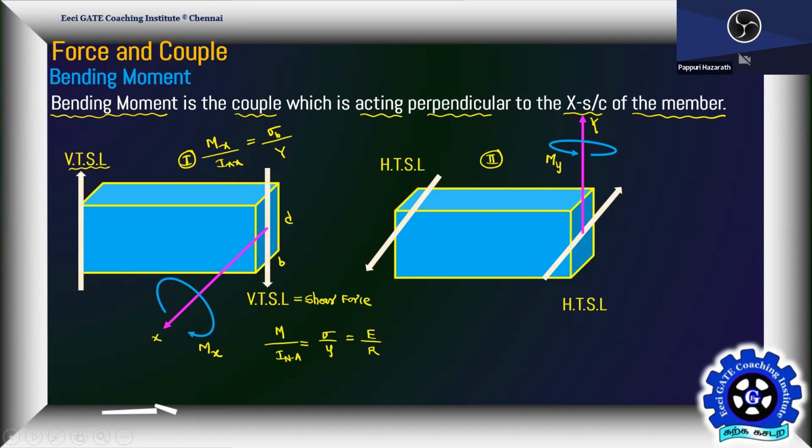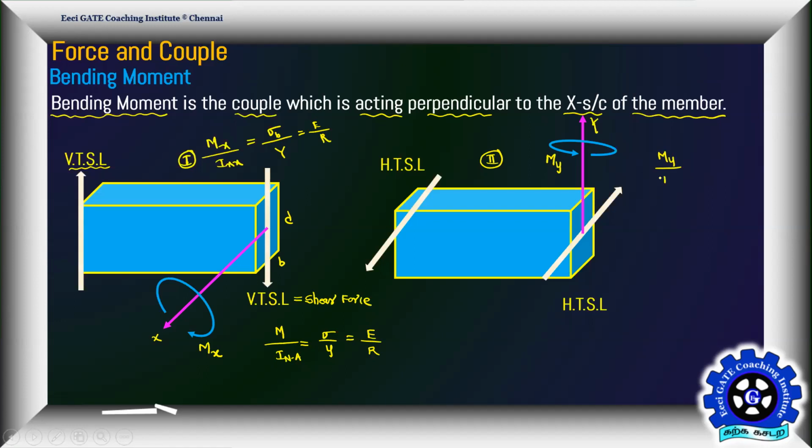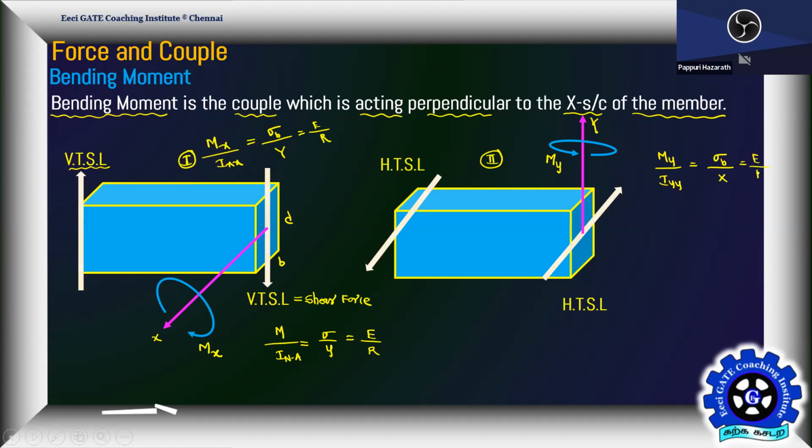But here tell me, E by R. Here tell me, My by Iyy. Okay, sigma b by capital X you need to take, E by R. So in this case, y is nothing but d by 2. Here x is nothing but b by 2.